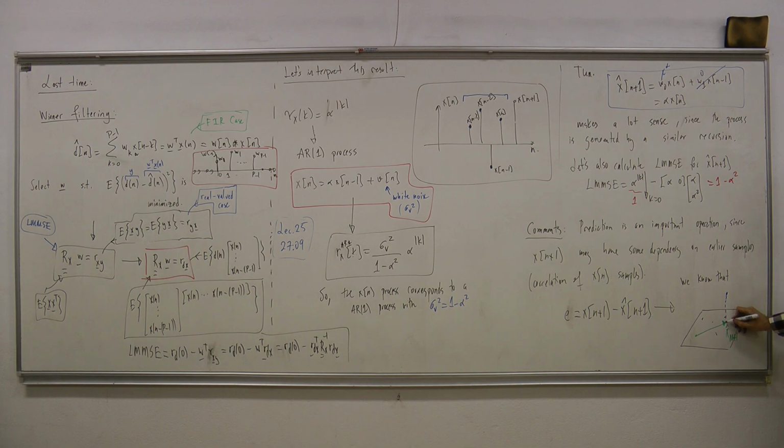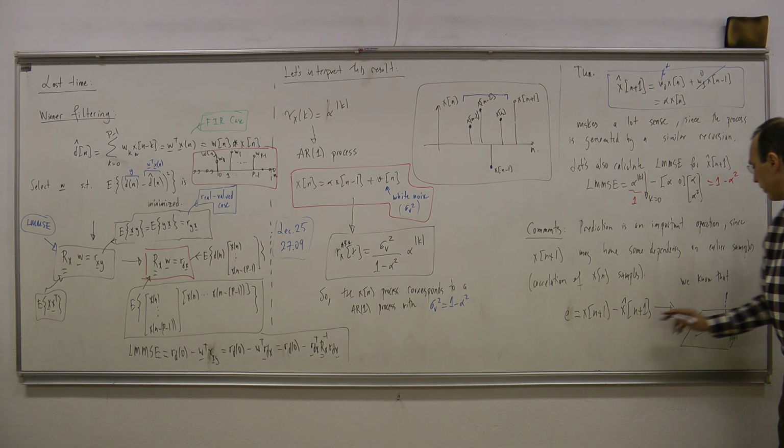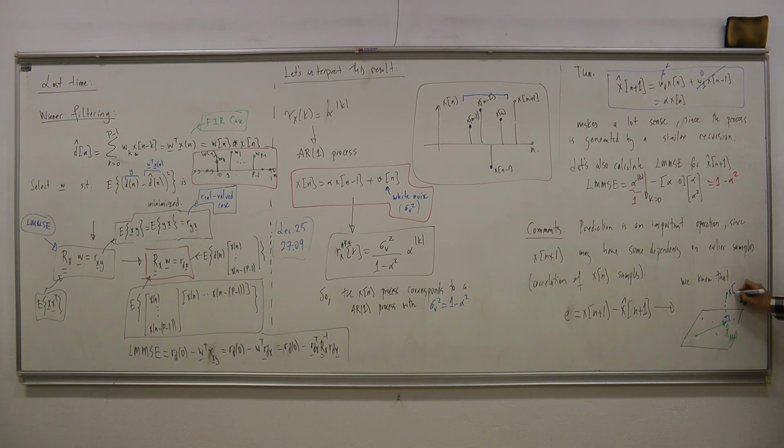So the issue is exactly as in deterministic least square problems, we have this orthogonality. Of course this is in the abstract sense. This is x of n plus 1, and this is nothing but this difference.